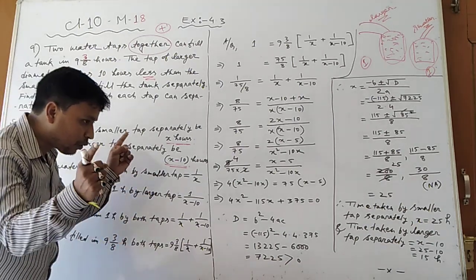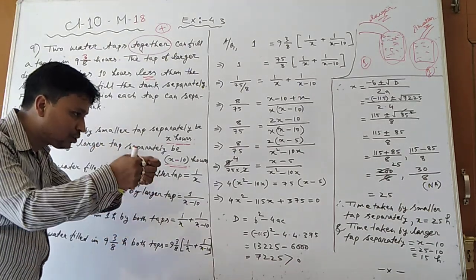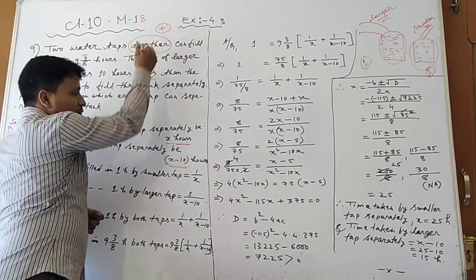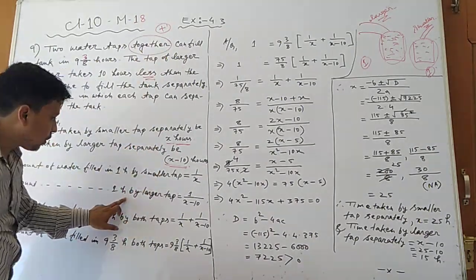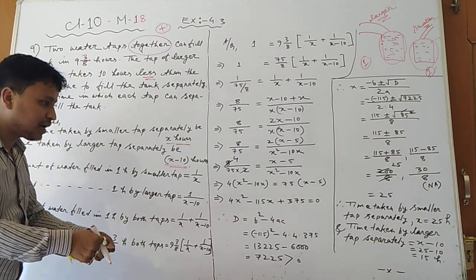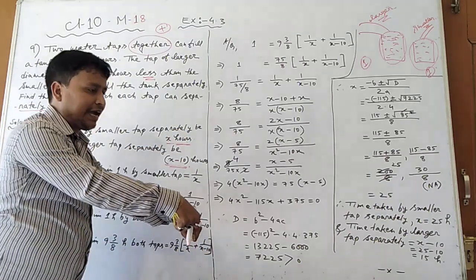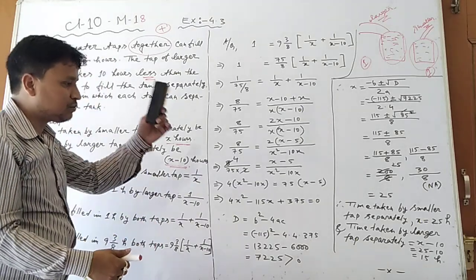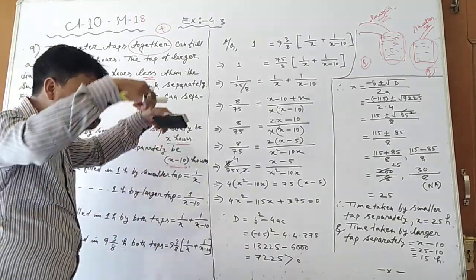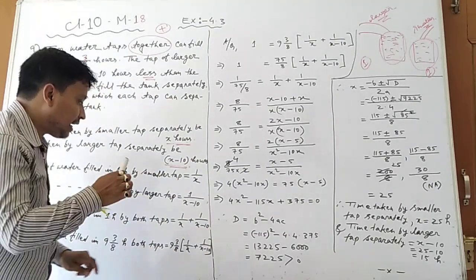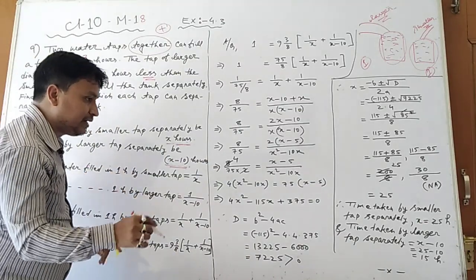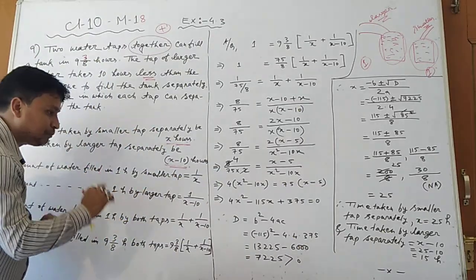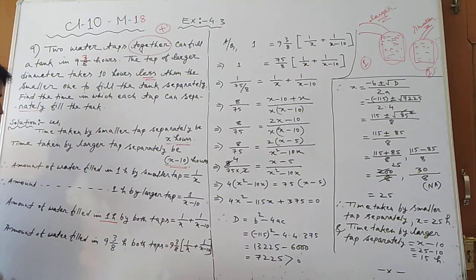If you join together, together means join, plus. If you join the larger tap and the smaller tap at a time in the same tank, suppose this one is the larger tap and this one is the smaller tap, at a time in the same tank, then what amount of work is done by both taps together in 1 hour time?